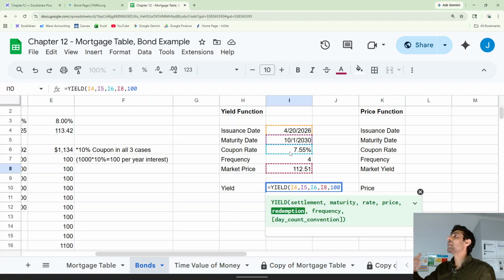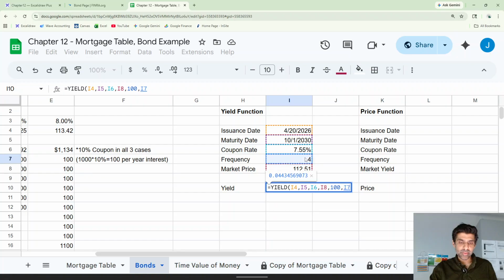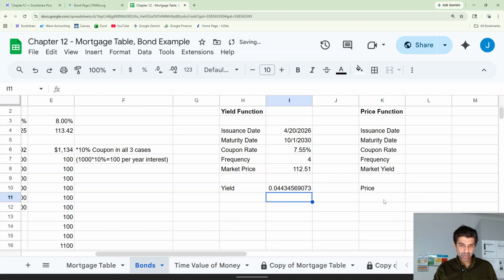There are some bonds that are callable, meaning the issuer before the maturity date can pay extra, like 110, some extra amount to entice investors. They're legally able to do this, but they're going to pay a premium. In this case, it's going to be maturing at par, and then frequency, we'll just put 4, and so it gives us this calculation.